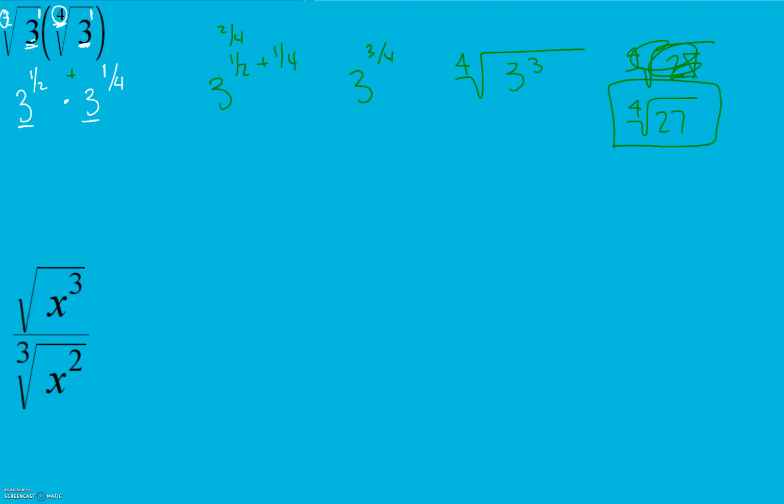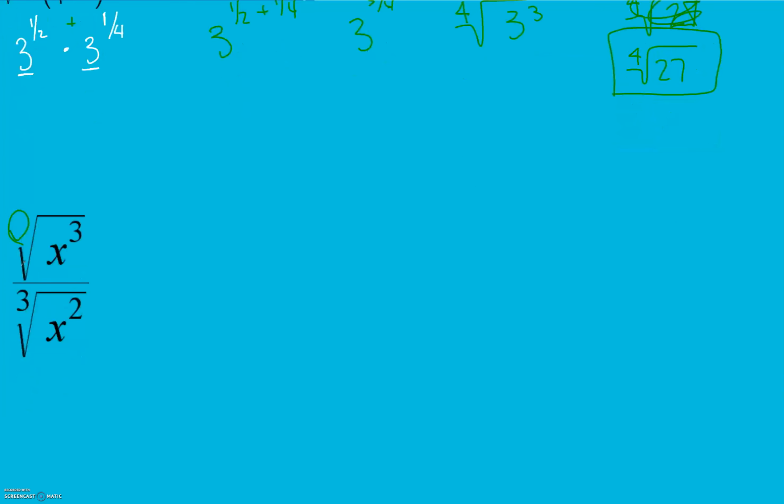Again, if we look here, we have different indices, so we can't combine those, at least at first glance, in radical form. But what we can do is, since we have the same radicands, that would give us the same base in exponential form, and we can use those properties of rational exponents from page 383. So I take my radicand to be my base, my numerator comes from my exponent, and my denominator comes from my index.